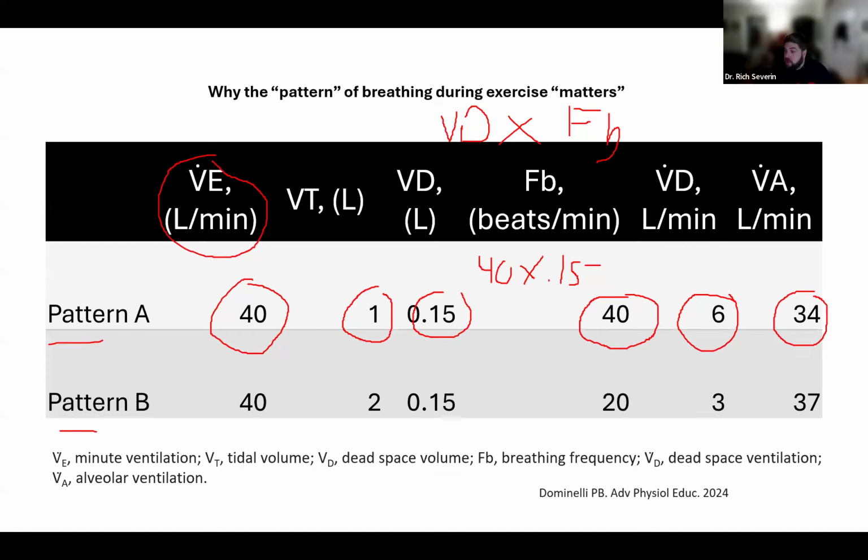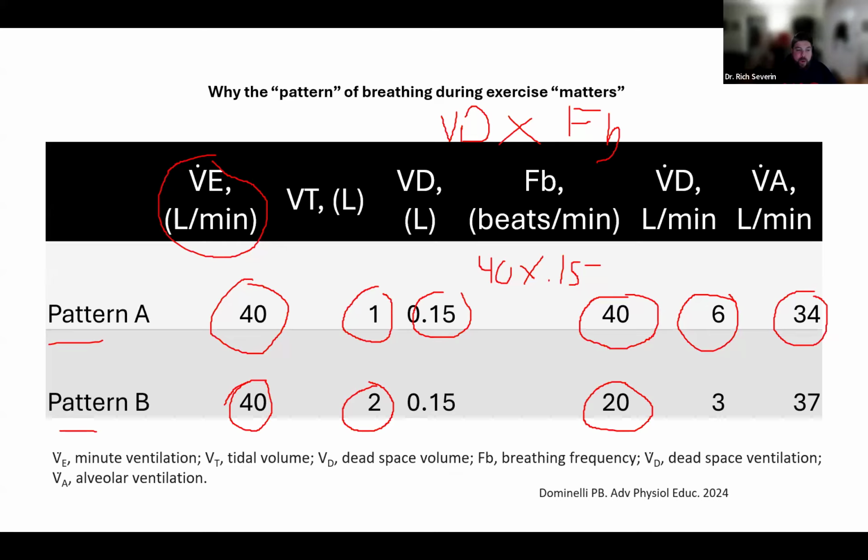But in pattern B, let's look at this one. Again, same volume coming into the lungs, 40, but they accomplish it a different way. They're able to take a bigger breath, 2 liters, double, meaning they only have to breathe 20 breaths per minute to get to 40.